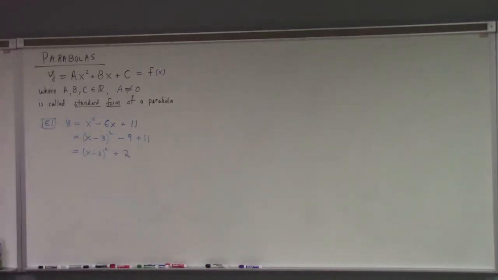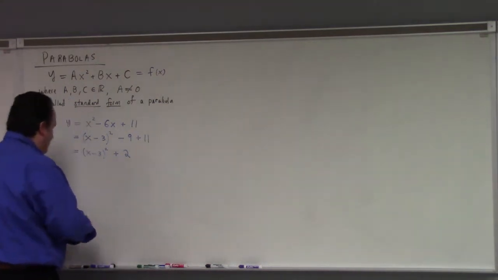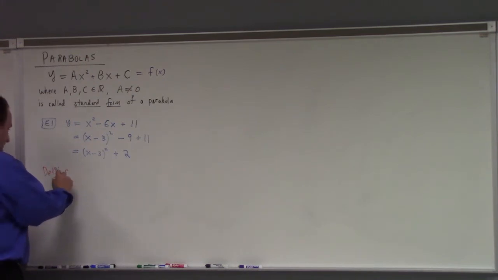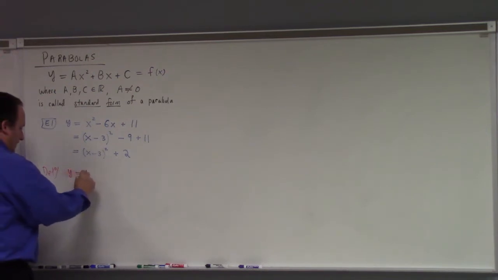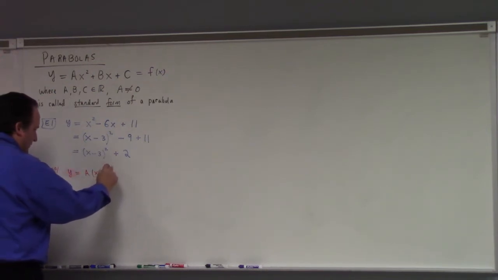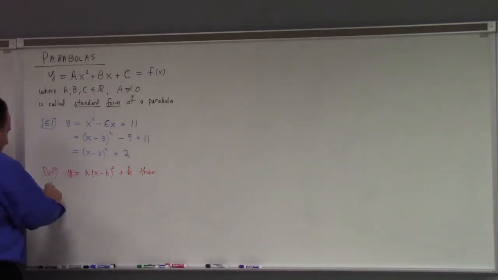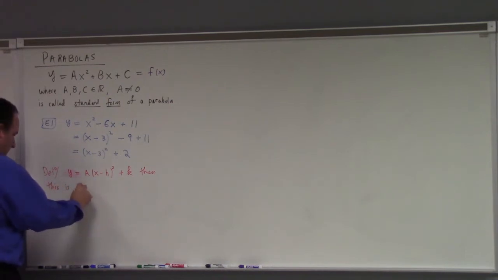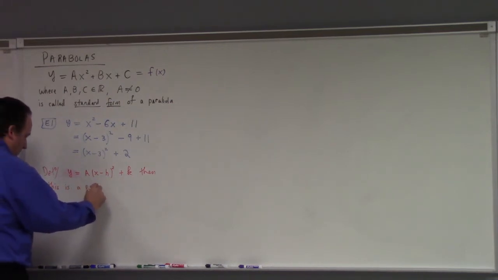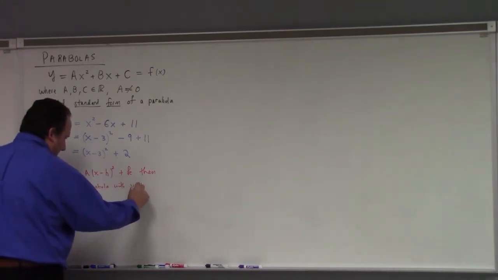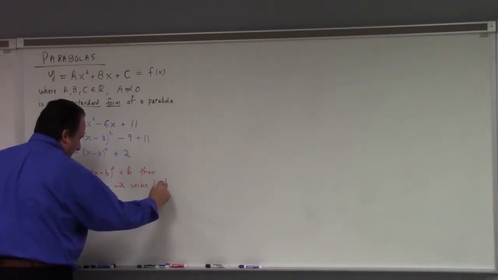So let me throw something out here for you. Definition: if you can write y equals a times x minus h quantity squared plus k, then this is a parabola with vertex h comma k.